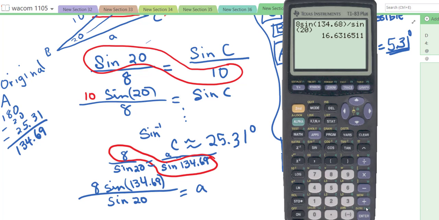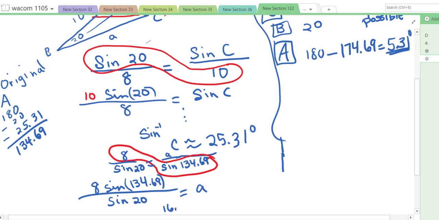So 16.63. That is your A from your original triangle.